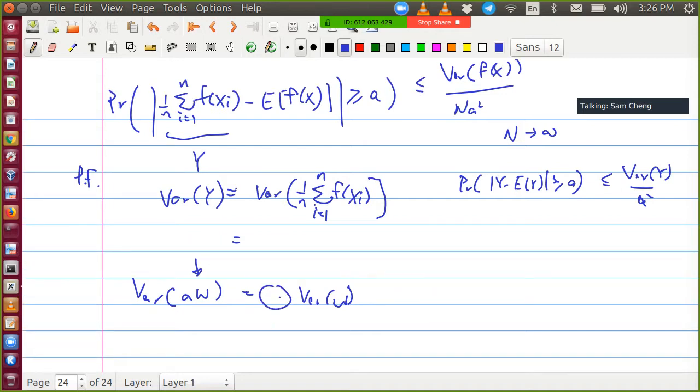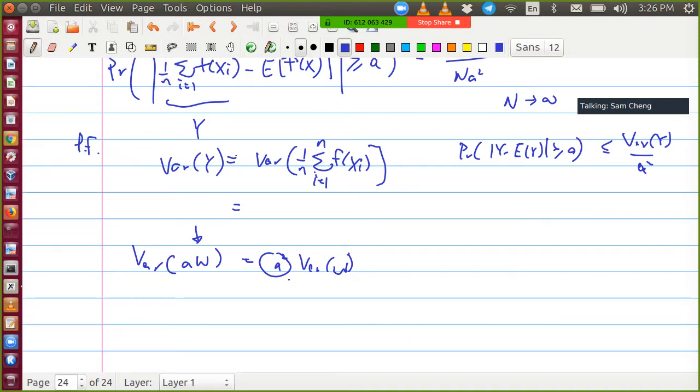It should be times a squared, because you remember variance is expectation of something squared. So when you have a constant here, I'm not going to show that, but when you pull it out, it will become a squared here. So variance of aW is equal to a squared variance of W.